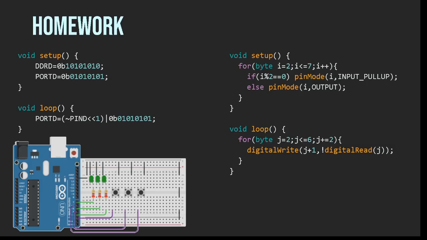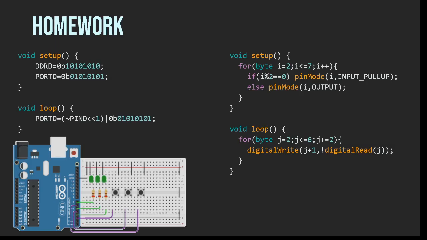pinMode 2. In this case, i is 2. It's an input because I have a button connected there, right? Is that clear? Okay, I run the if, I finish here, and now I increment i. Now i is 3, 3 modulo 2, 3 over 2. That's a 1, remainder of 1. Is 1 equal to 0? No, okay. Else, pinMode 3, output, because I have an LED on 3, right?